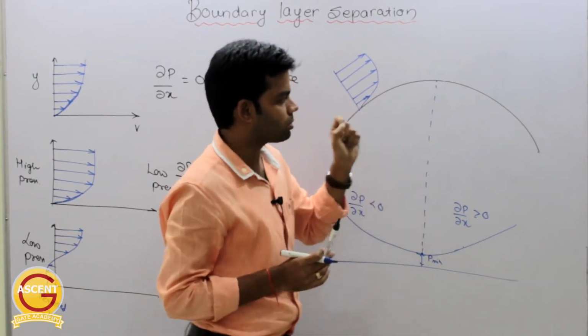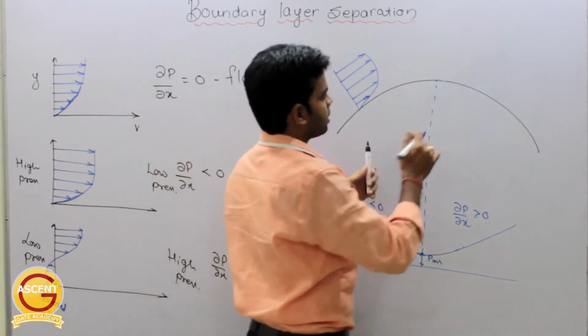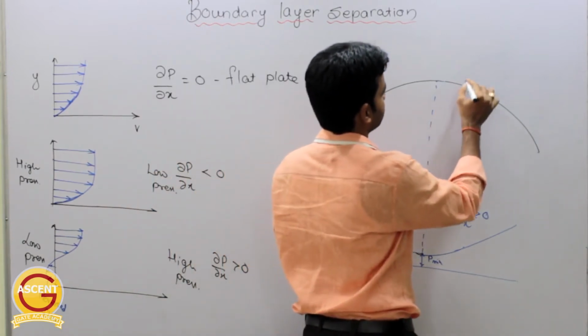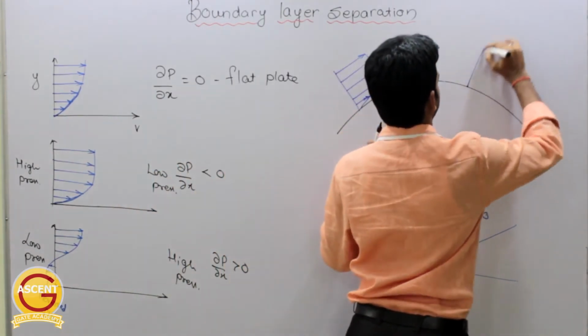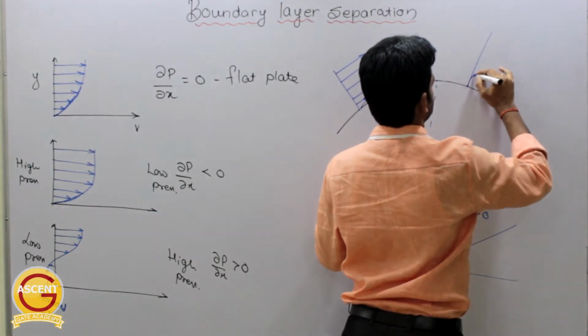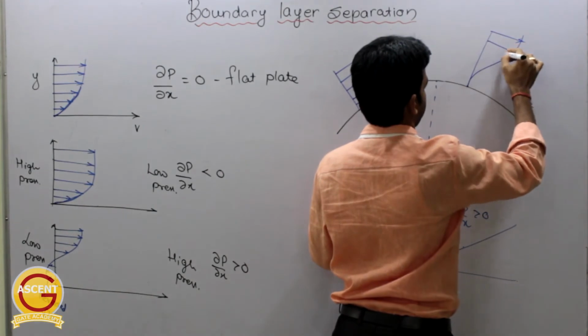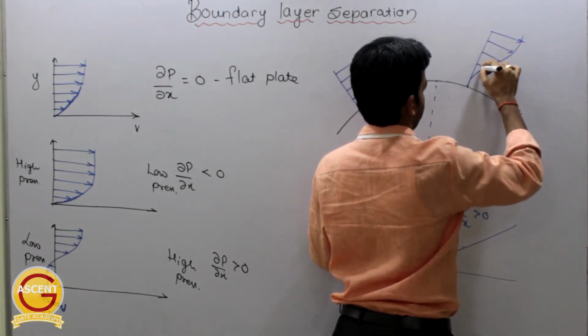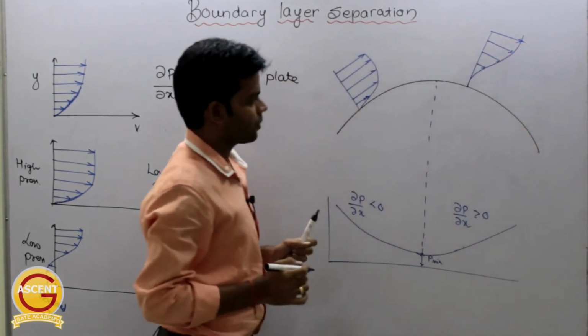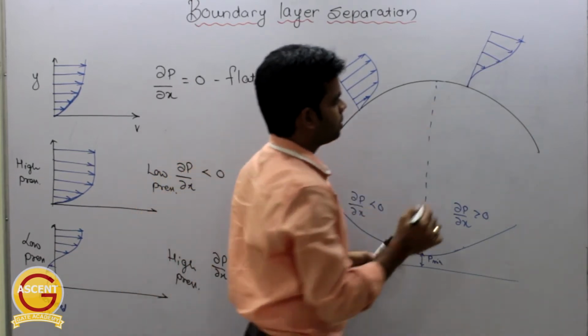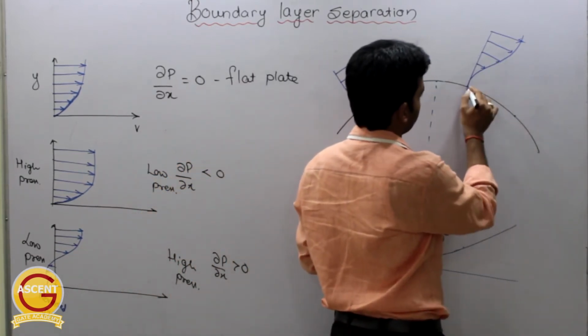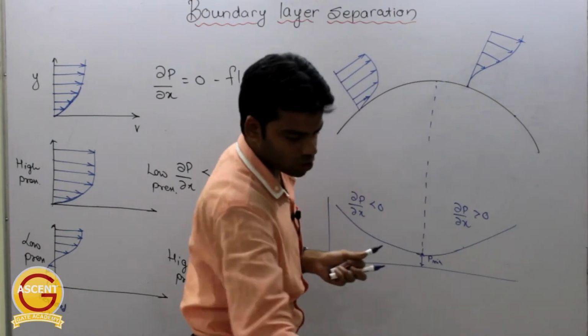How that boundary layer develops we will tell you. Okay, suppose at this point here the velocity profile will be somewhat like this.